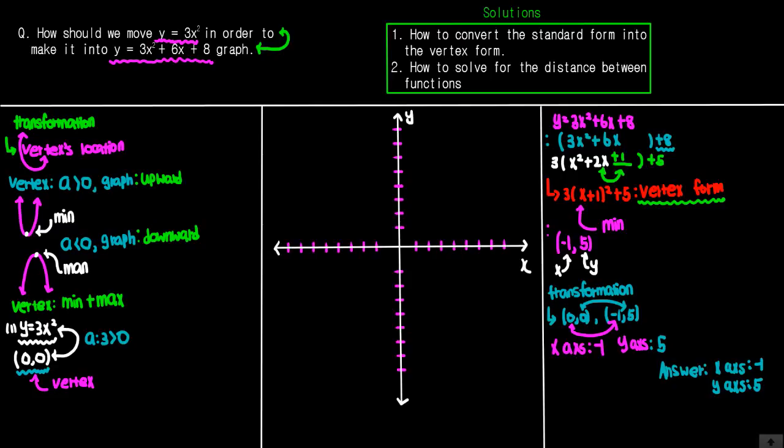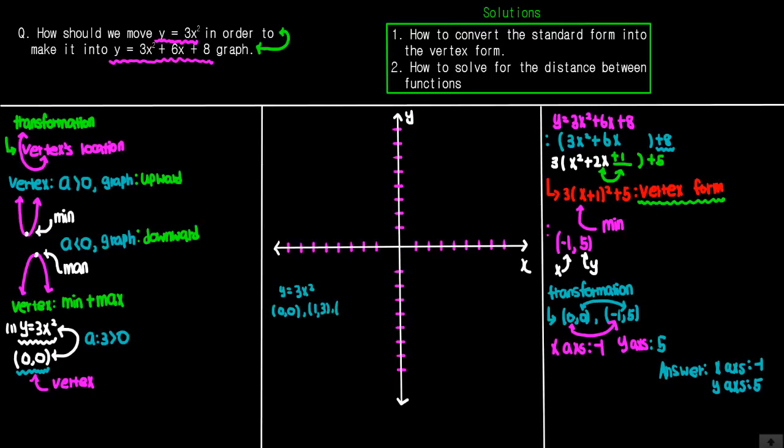First, let's draw the y equals 3x squared graph. For y equals 3x squared, (0, 0) is the vertex, and let's find some points to graph it. It is a quadratic function, which means we need at least 3 points to graph it. If you input the value of 1, 1 squared is 1 times 3, which is 3.